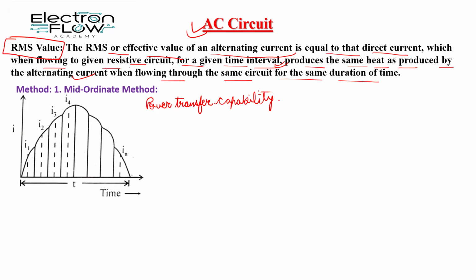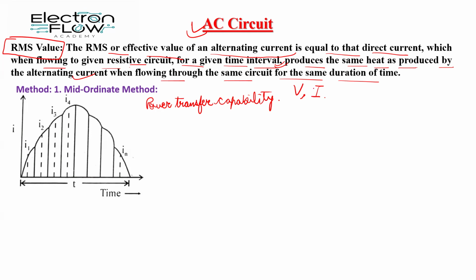The RMS values are of considerable importance. In fact, in all calculations, RMS values are used unless otherwise specified. The RMS value of an AC quantity is denoted by the capital letters V and I.